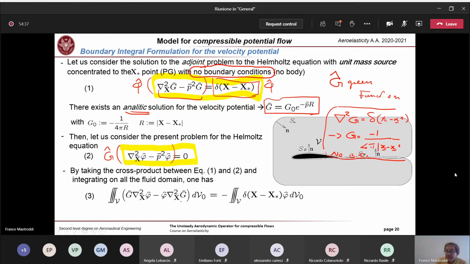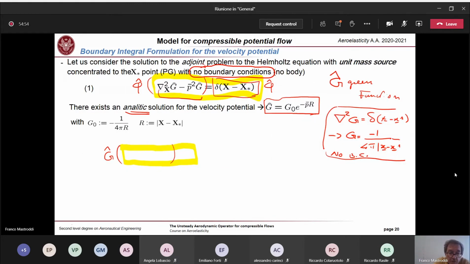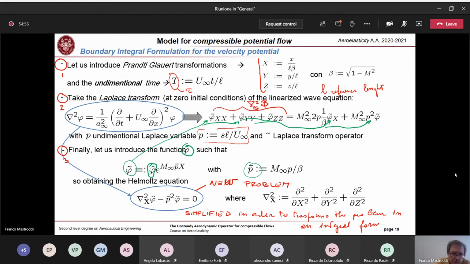The only difference with respect to before is that now we are playing with very strange variables which are not physical, but we have time to go back to the physical and original quantity because we know the transformation. This is the magic transformation that allows me to go back to the original quantity once I have determined this.